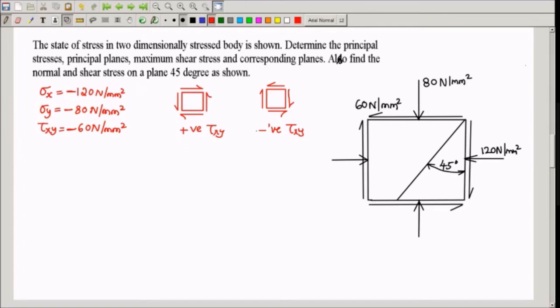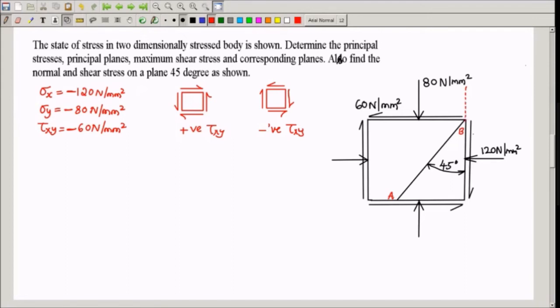And also the angle that is given for the plane, I'll call this plane as AB. Plane AB is inclined at 45 degree to vertical in this direction, but this measurement is actually a counterclockwise measurement. But how do we normally measure the plane? With a vertical reference. See, I'm drawing a vertical reference here, just a dotted line.